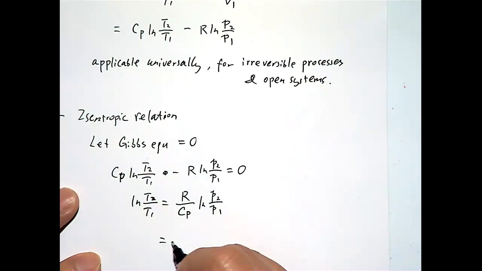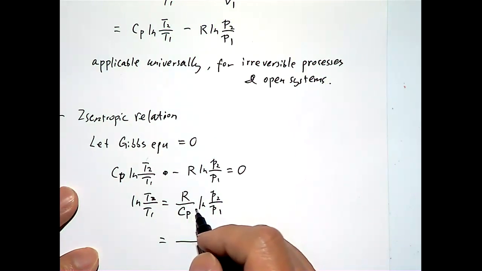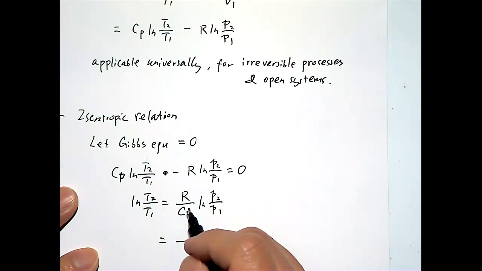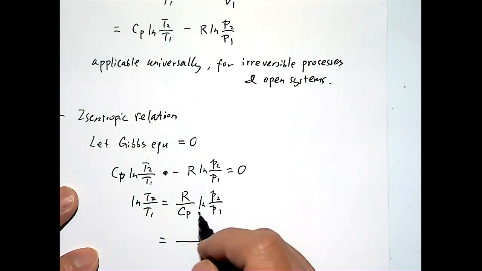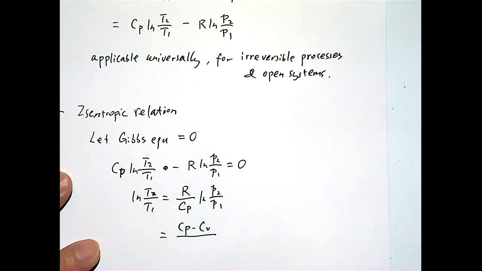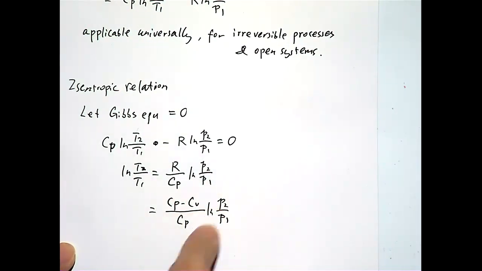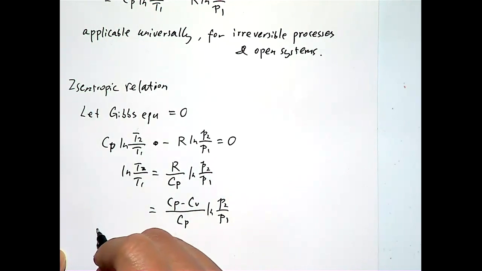Then we can further write it. The R is the gas constant for the specific gas we're dealing with here. And for ideal gases, R can be written as Cp minus Cv. If we divide every term by Cv, then we bring in the definition of Cp over Cv equals gamma.